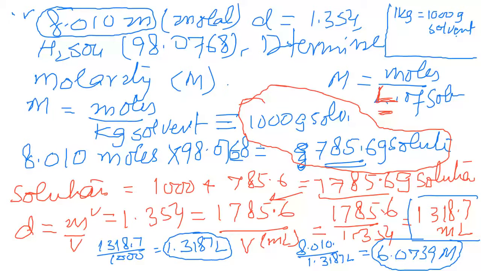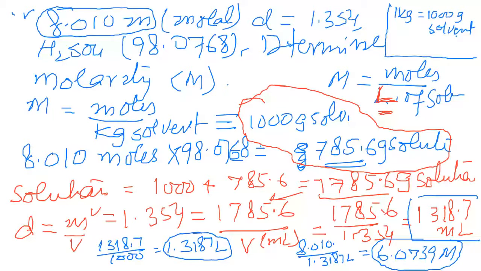Mole of the solute you have, and the volume of the solvent you have. So solute plus solvent you added, you will get a solution. So that solution you get is around 1785.6 gram. But we don't need gram, we need the liter, we need the volume.